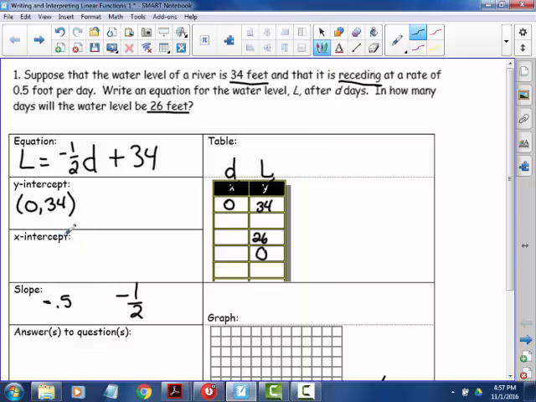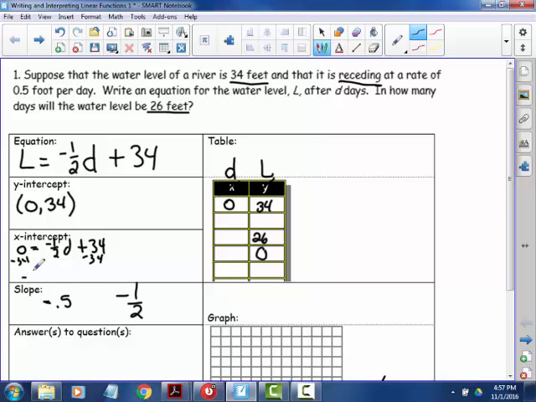Okay, so for the x-intercept, the level is 0. So we could say that 0 equals negative 1/2 D plus 34. And that means we'd have to subtract the 34 from both sides.